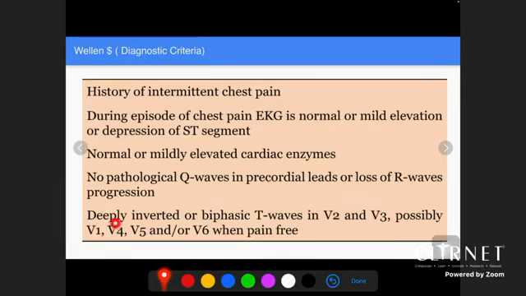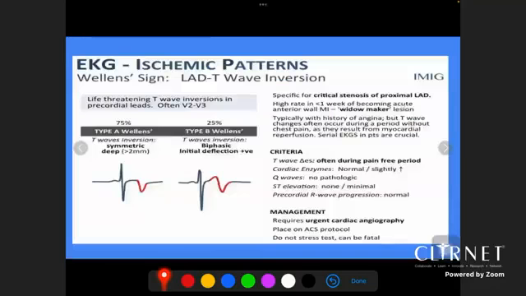So either deep T wave or biphasic T wave. You can see here there are two forms, type A and type B. There is deep T wave and there is biphasic T wave which is upward then downward. Both patterns are identified as Wellen ECG changes, Wellen sign, or LAD T wave syndrome.